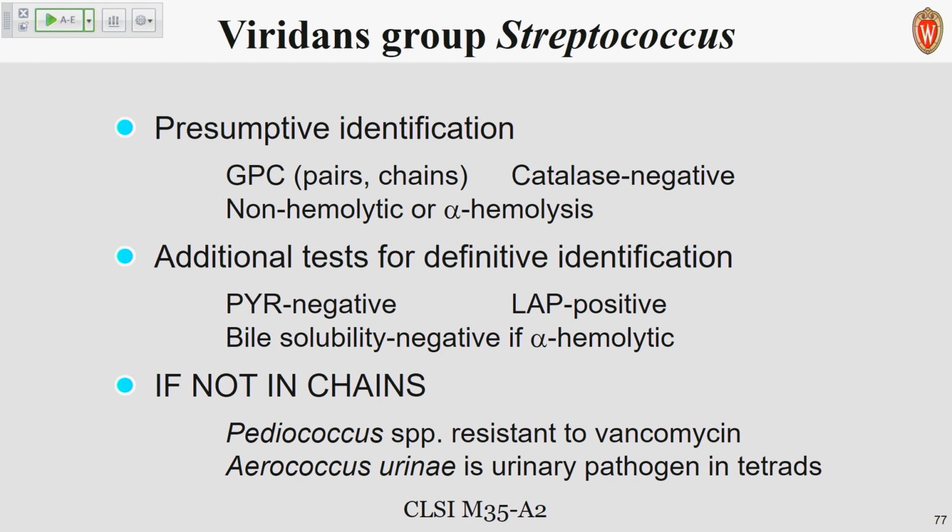And that's one of those strep wannabes that gives you a catalase negative result, but it shows up as clusters or tetrads in your gram stain, especially if you do your gram stain off of broth rather than the colony. So that's where that organism fits in. I will tell you that Aerococcus urinae is going to have its own separate line item in the CLSI M35 revision, so it could be more accessible to laboratories to try to identify in rapid fashion.